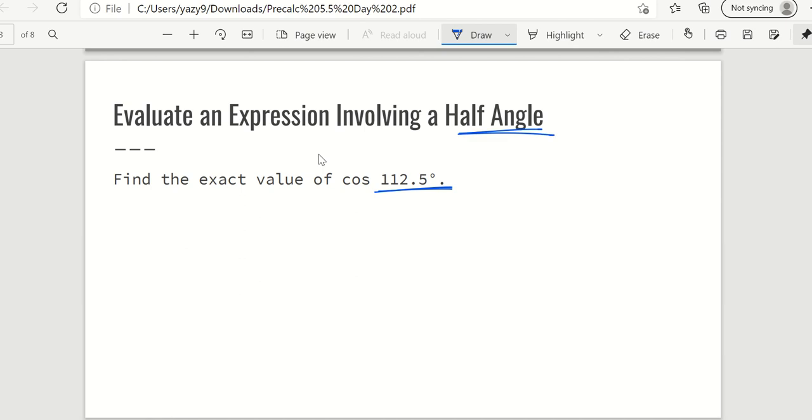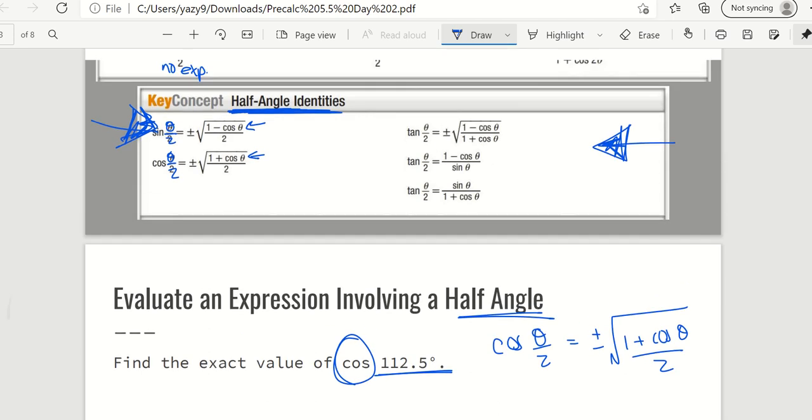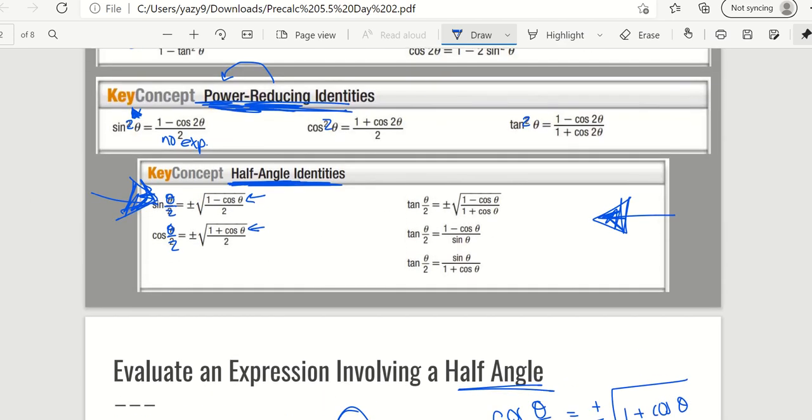I am already directed to use the half angle rules, and I know that cosine of theta over 2 is equal to plus or minus radical 1 plus cosine of theta all over 2. And if you look, you could confirm that is right here.